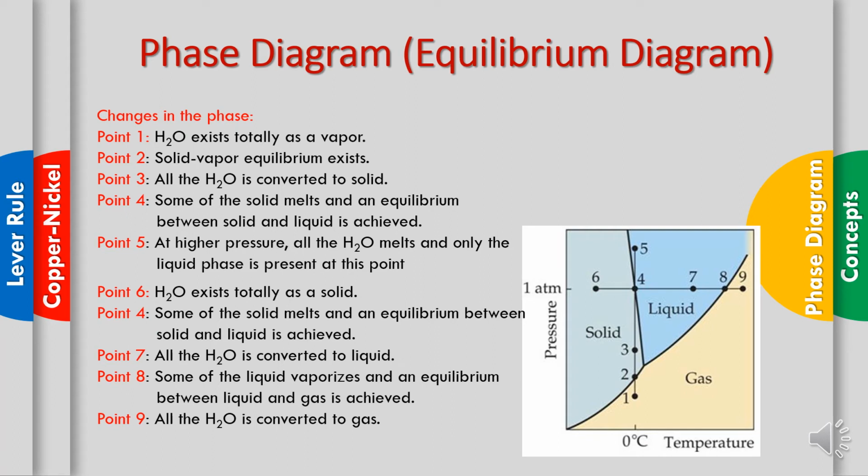This line of 1, 2, 3, 4, 5 will change, and we can also see what is happening when we change the temperature from the lower degree Celsius to higher degree Celsius at a constant y-axis. Here it will be set at 1 atm constant.